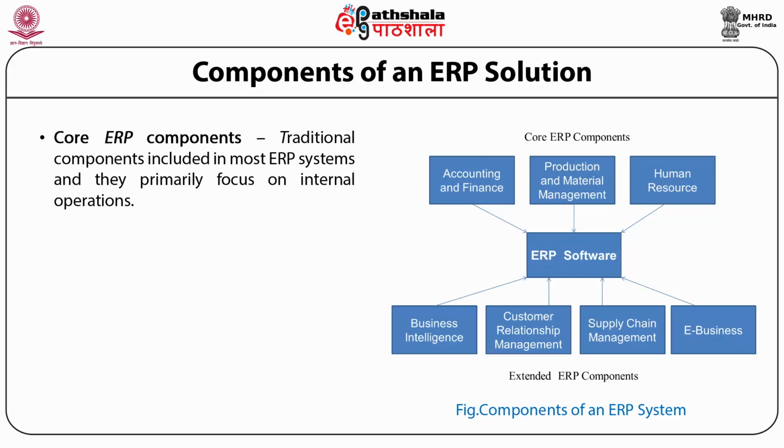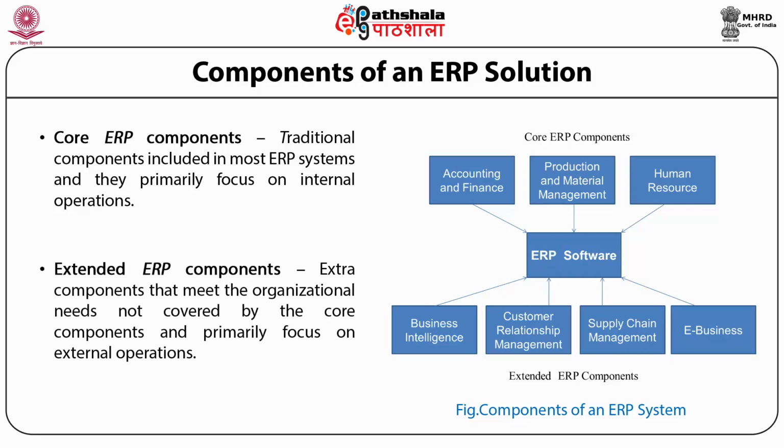The core ERP components are traditional components included in most ERP systems, and they primarily focus on internal operations, while extended ERP components are external components that meet the organization's needs not covered by the core components and primarily focus on external operations. The following diagram represents the various components of an ERP solution, that is, the core and the extended components.